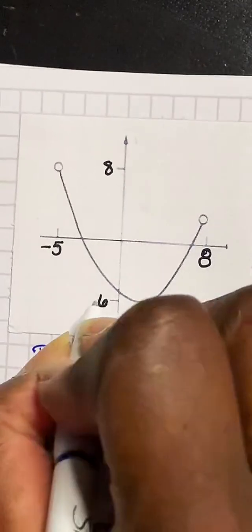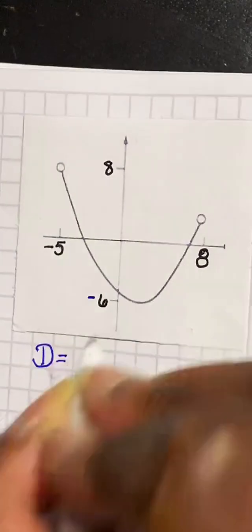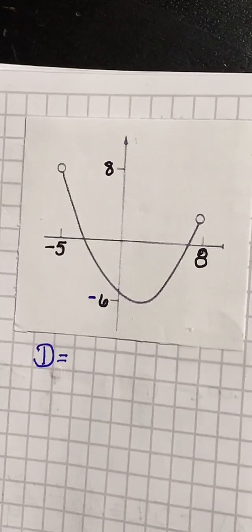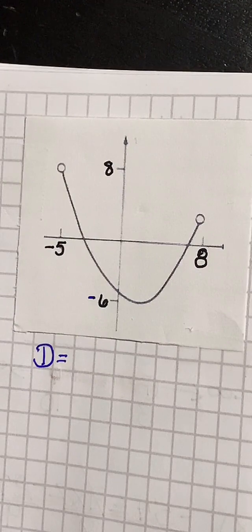That should be a negative 6. Thank you. Okay, Marvelli is saying negative 4, positive 7. Sashan saying negative 5 and 8. And the range is negative 6 and 8. And Kai is saying negative 5 and 8.